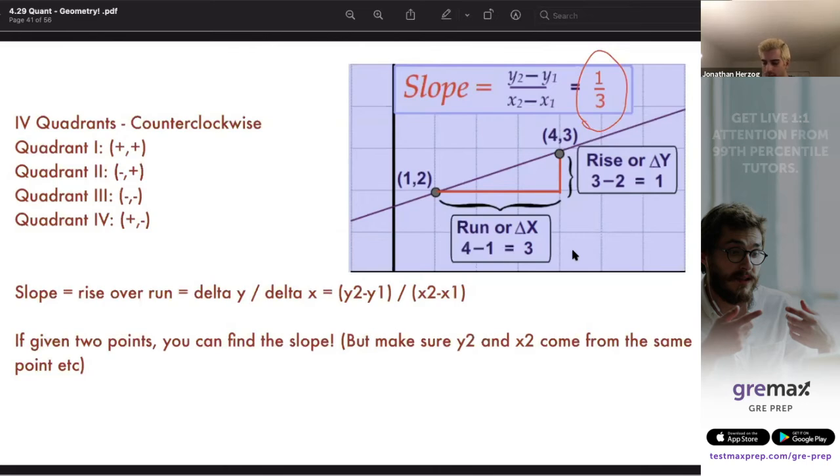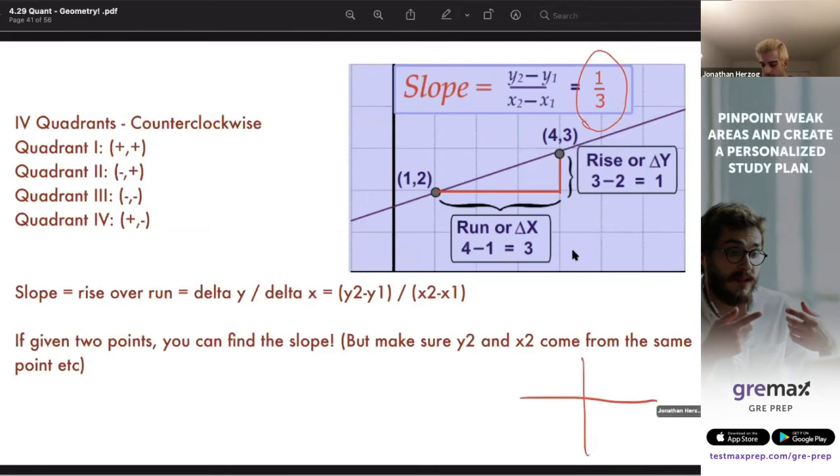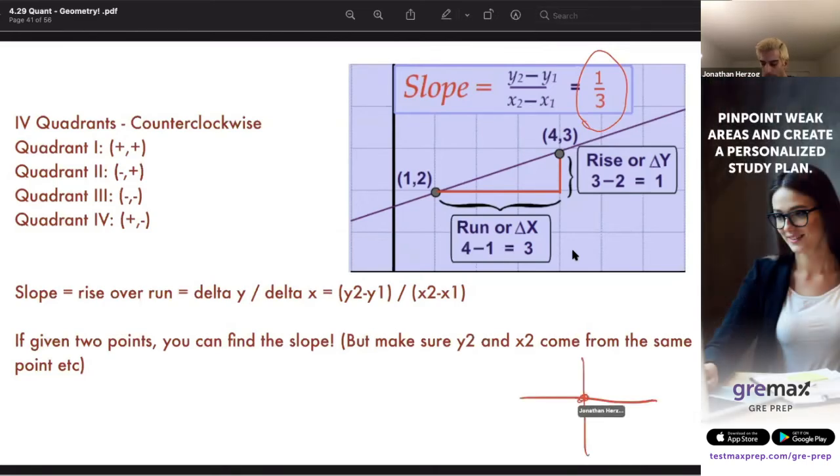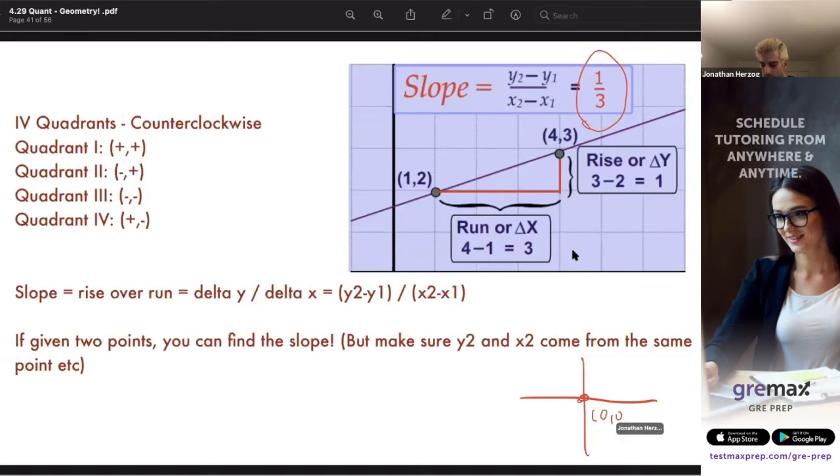Very commonly tested is the slope by reference, the slope of, say, 1. So let's say we have the origin 0, 0.